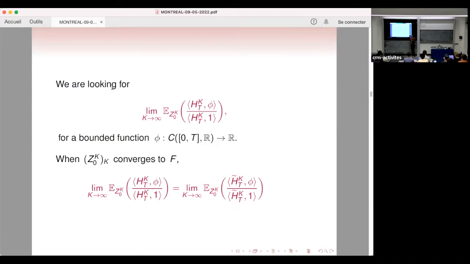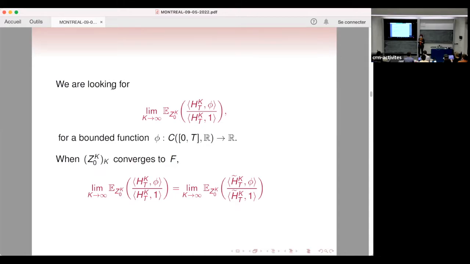So we take a test function capital Phi, a bounded function on trajectories, and we consider H^K_T on Phi, which describes the lineage of all individuals alive at time T, and we renormalize by the number of individuals living at time capital T, which, as we have seen, you can write as H^K_T(1) or Z^K_T(1) or N^K_T.